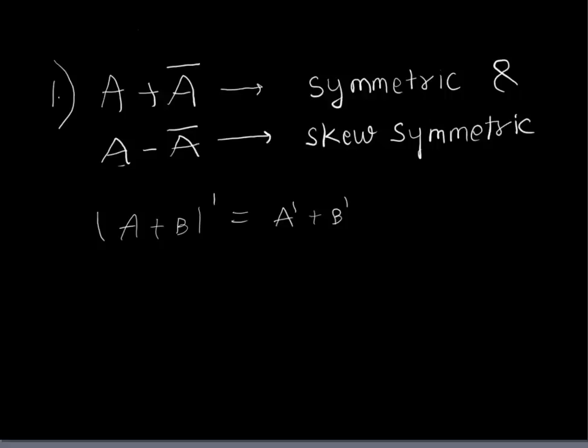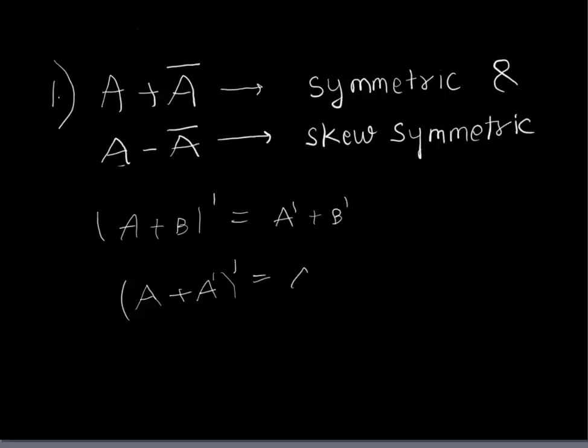So let us say that A plus A transpose, this is actually A transpose, so (A plus A transpose) whole transpose is equal to, now let us calculate the right hand side using this above formula.